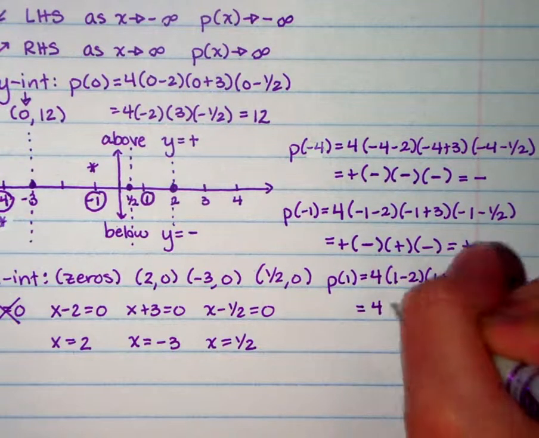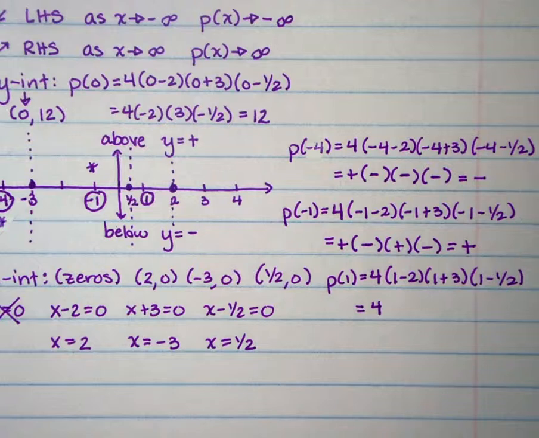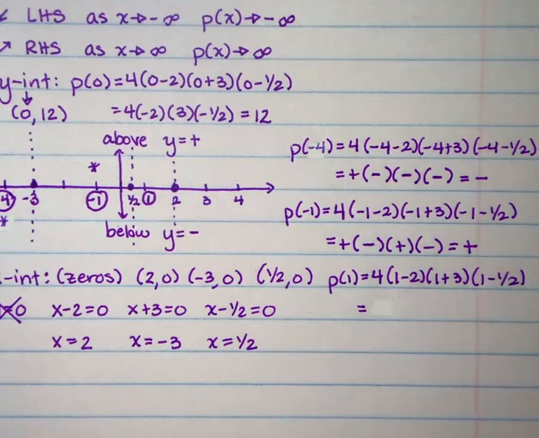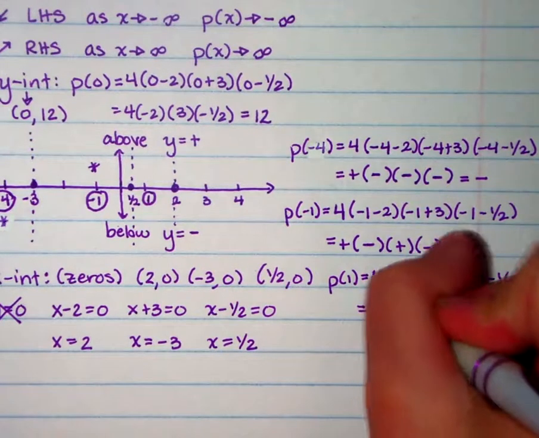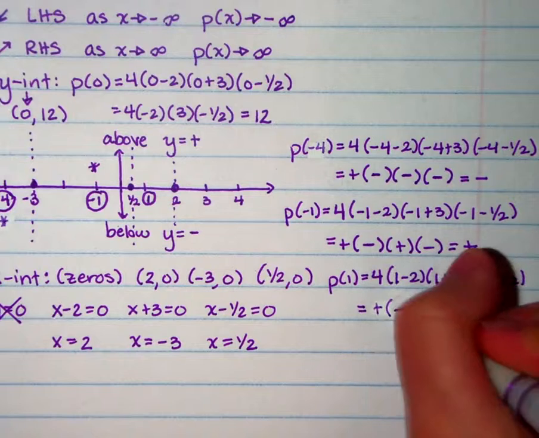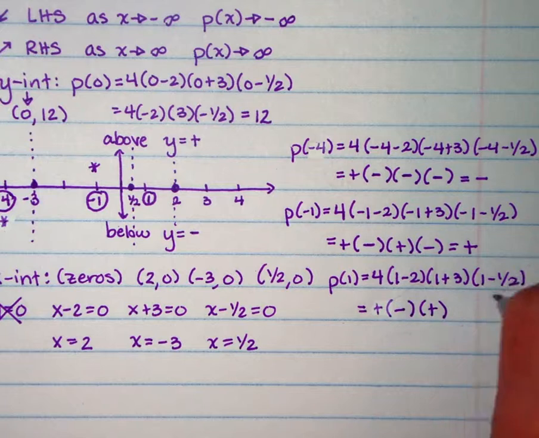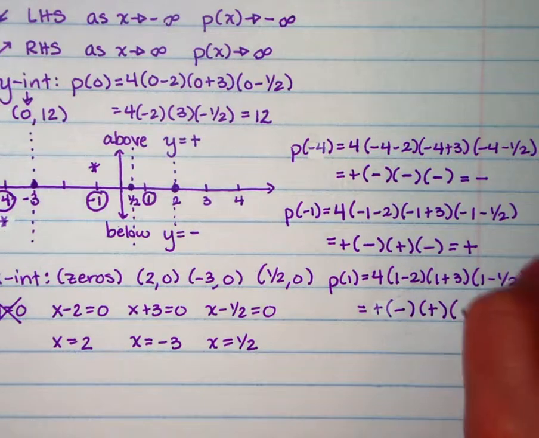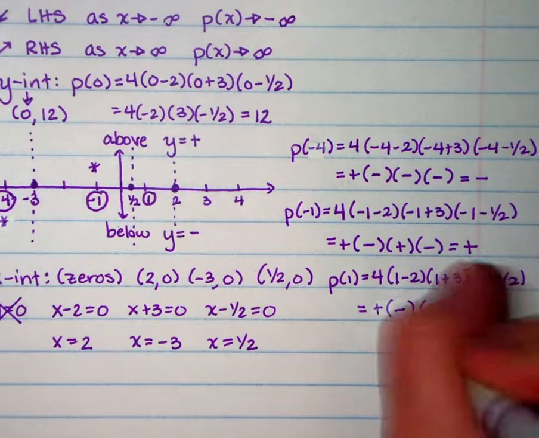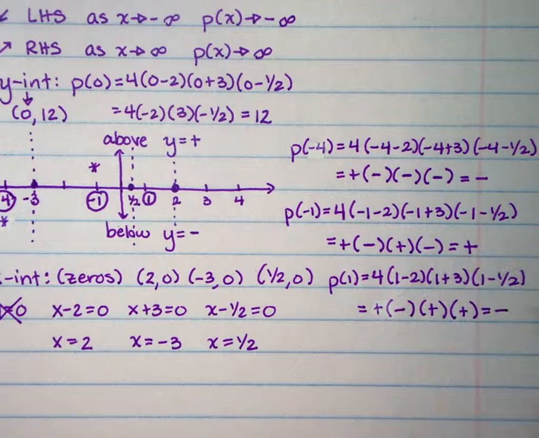And so I have 4, which is positive. 1 minus 2 is negative. 1 plus 3 is positive. And 1 minus 1/2 is also positive. And so overall, an odd number of negatives means this is going to be a negative value, which means I'm going to cross down into that zone that's below the x-axis.